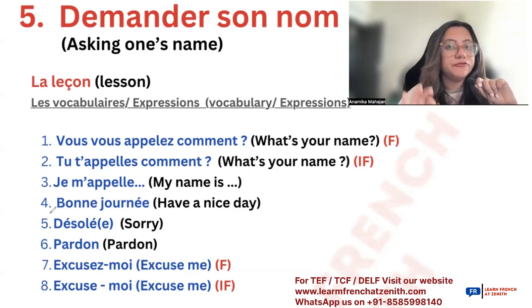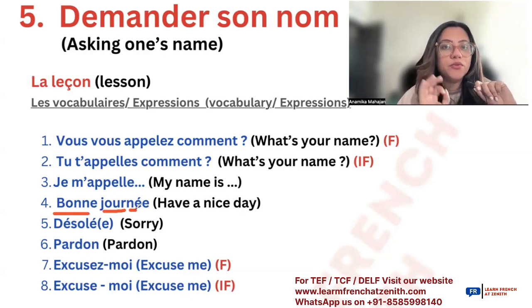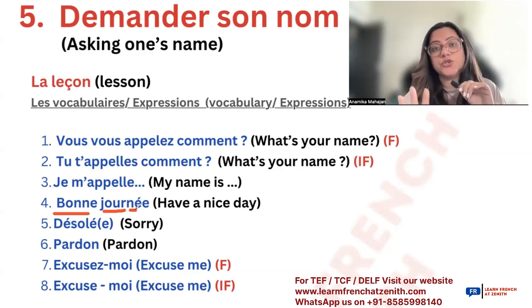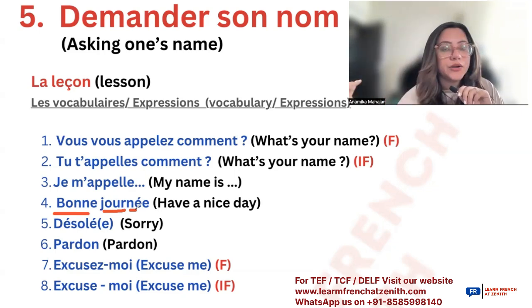Have a nice day in French is bonne. We have done this word in bonne nuit as well. Donc, bonne journée. Now, bonne journée means have a nice day. This is something that we use during the day when you are saying bye-bye and then you are leaving the person.